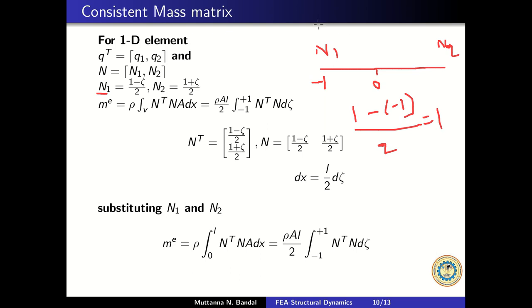So the effect is maximum here, our shape function is maximum here, the value of this is 1. Similarly, at node 2, substitute zeta with 1, it will be again 1. So the effect is maximum here, and over the other node, it becomes 0.